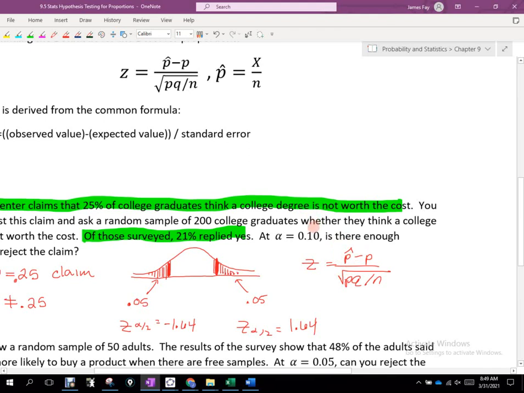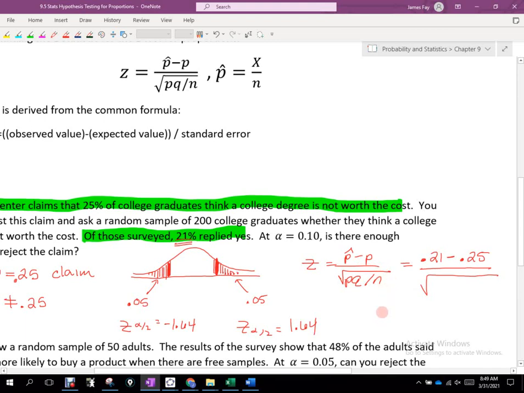So that was the 21% that replied yes. So it's going to be 0.21 minus p, which was identified in the null hypothesis as 0.25. And then we're going to divide that by the square root of pq over n.